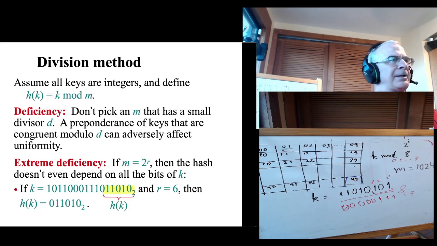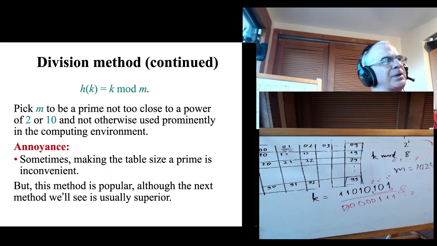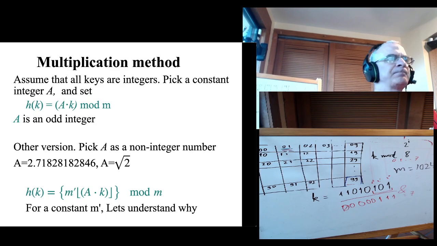Okay, and so two keys that are different in other digits will collide for sure. Okay, we are repeating ourselves. We are picking m to be a prime, not too close to a power of 2 or power of 10, has some pluses, had some minuses, less efficient. Memory-wise, you are using more memory, but you are safer in terms of the other m.